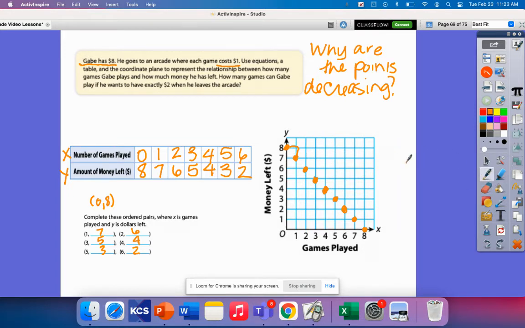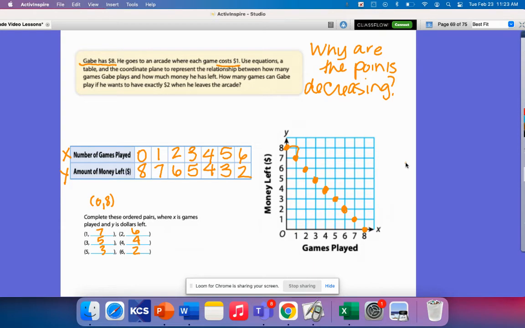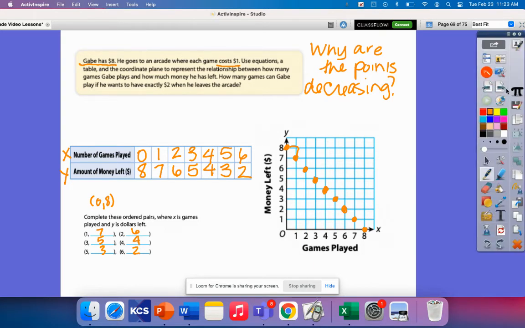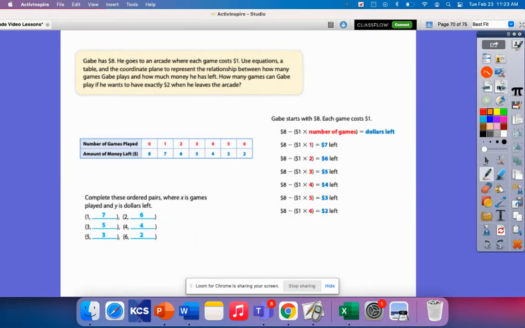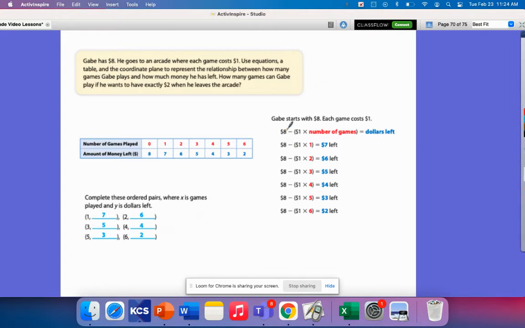Now let's think about how we can write an equation that would match this. If Gabe had $8, and each game costs $1, this would represent the amount per game, then the number of games, and then how many dollars he has left.